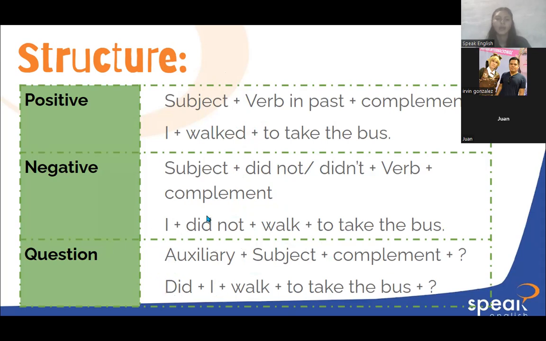Okay. And what happens if I have an irregular verb? Let me see, Juan. Irregular verb. What happened with the auxiliary? No, with the verb.